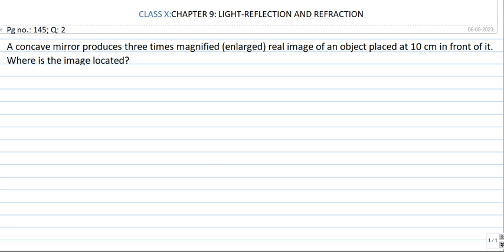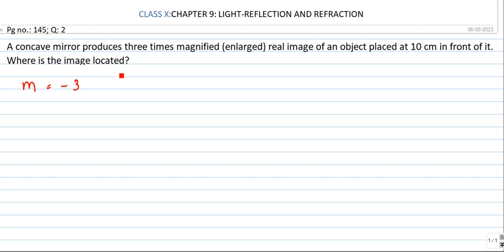A concave mirror produces 3 times magnified real image of an object placed at 10 centimeter in front of it. Where is the image located? So we will write down what is given in the question. So it says 3 times magnified real image, meaning your magnification factor m is minus 3.